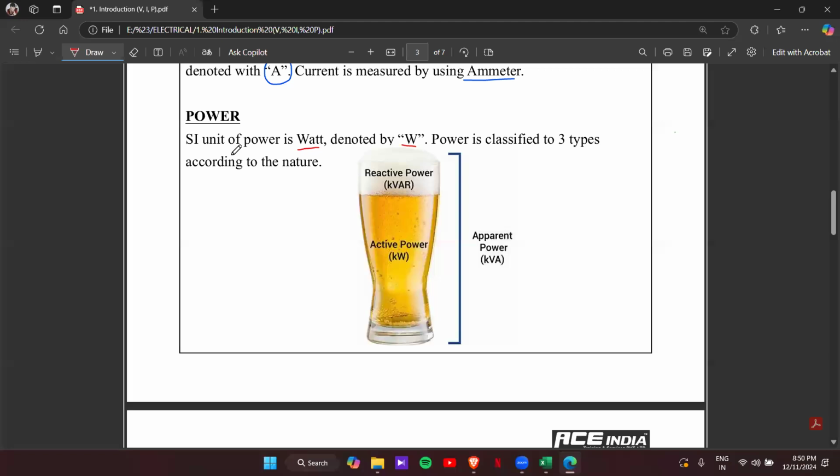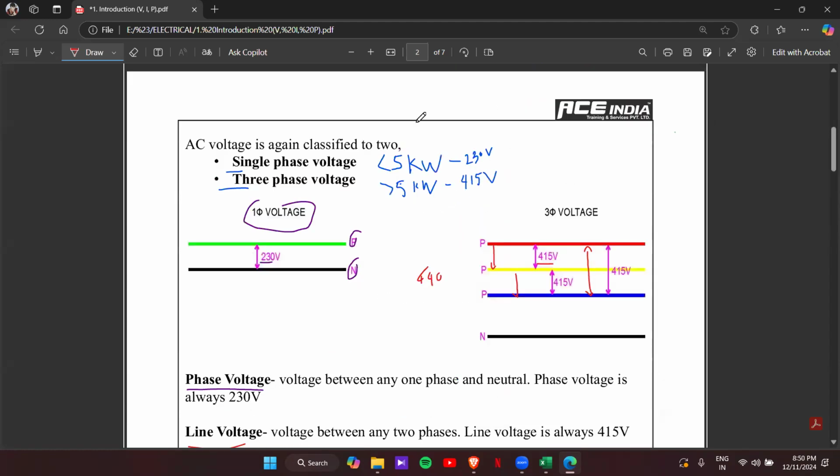And again, power has three classifications. That is apparent power, active power, or you'll say true power also, then reactive power. So three classifications for power. Apparent power means the maximum power which you are getting. One example. Here you can see that I have written for single phase connection, the maximum load will be 5 kilowatt.